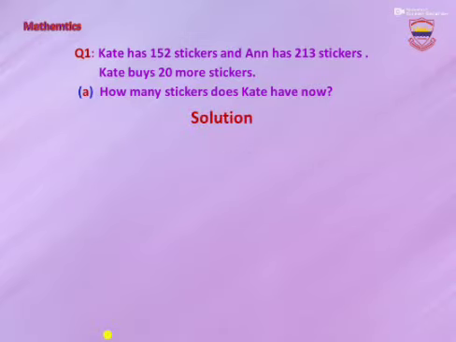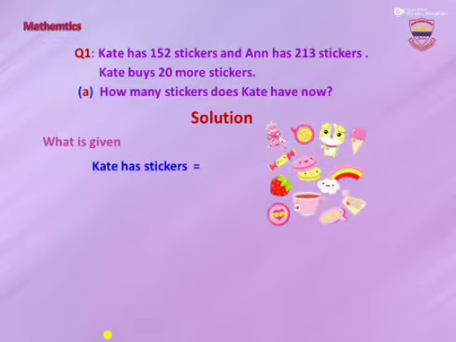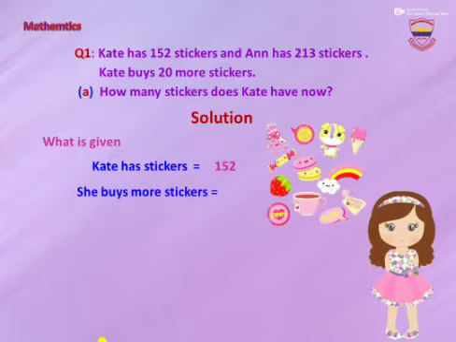Look at the solution. Dear kids, do you know what is given in this statement? Yes, it is given that Kate has stickers. How many stickers does Kate have? Yes, 152 stickers. And next, what is given? Kate buys more stickers. How many stickers does she buy? 20. As you know, the next step is what we have to find out.